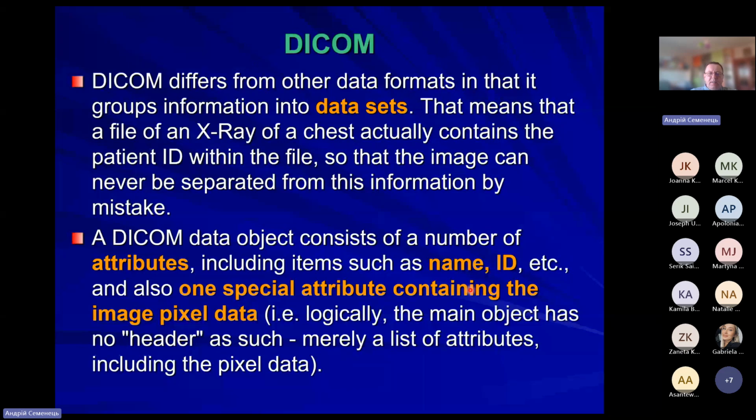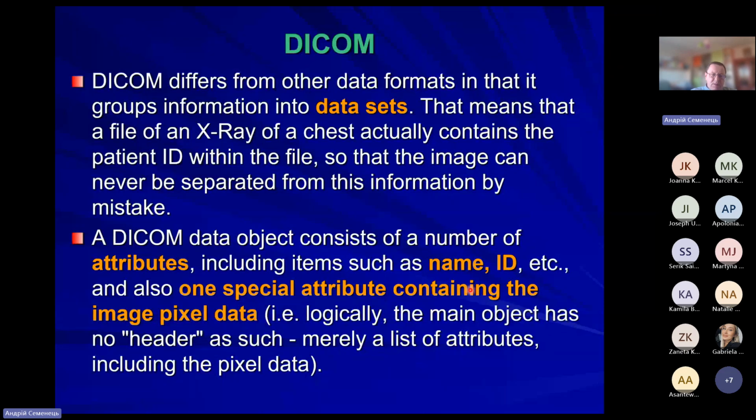An important thing about DICOM is that it groups information into a data set. That is, a file of a chest X-ray actually contains patient ID and general information about the patient, equipment, physician, hospital, etc. So we have a large number of attributes which have to be filled in order for our DICOM file to be comprehensive and fully functional.